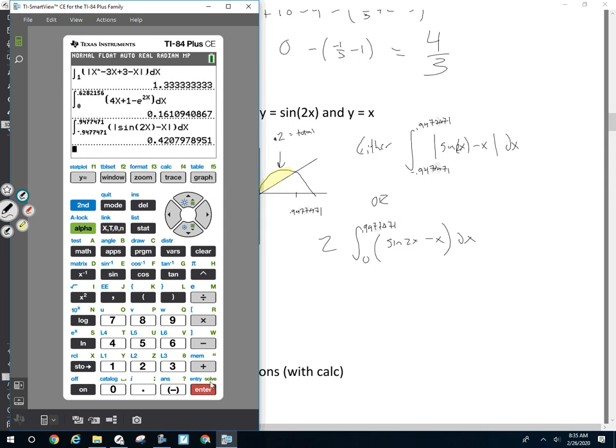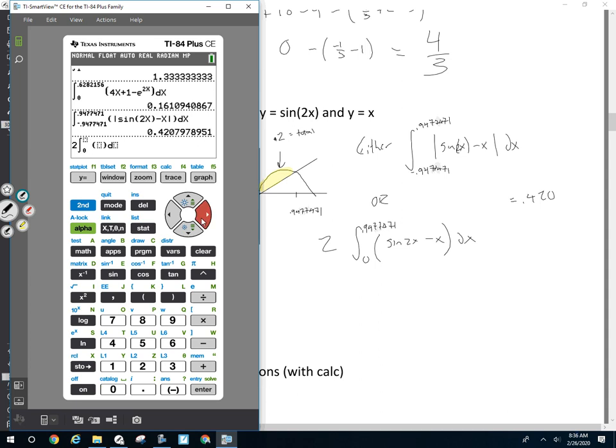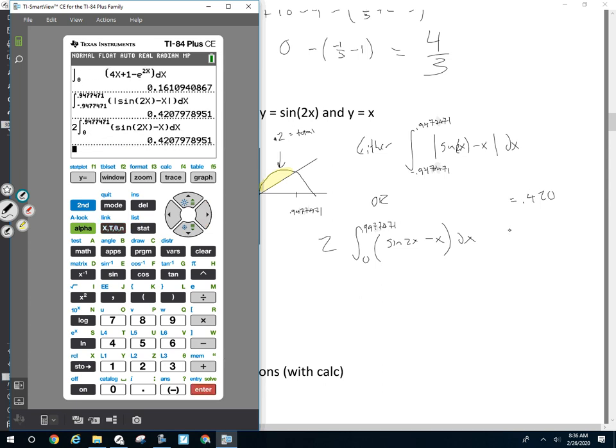I get 0.420 or 0.421. And then I bet you if I take twice the area from 0 to 0.9477471 of top minus bottom, I get the same answer.